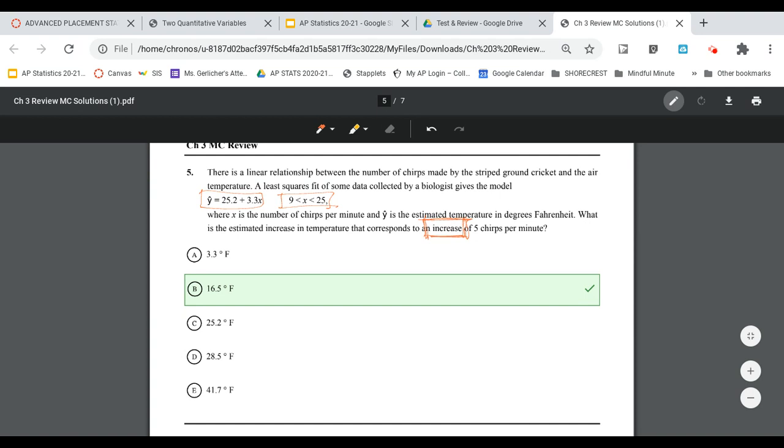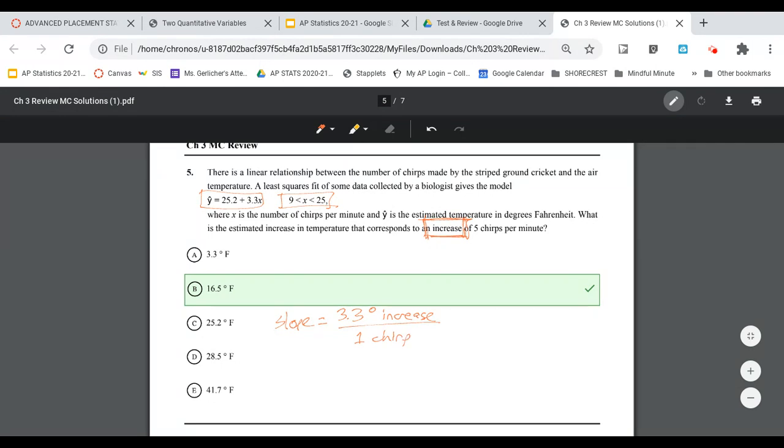There's a couple ways you could do this. One is to think about what the slope is. The slope is 3.3, and y is the temperature. So there's a 3.3 degree increase for every additional 1 of x, and x is chirps.